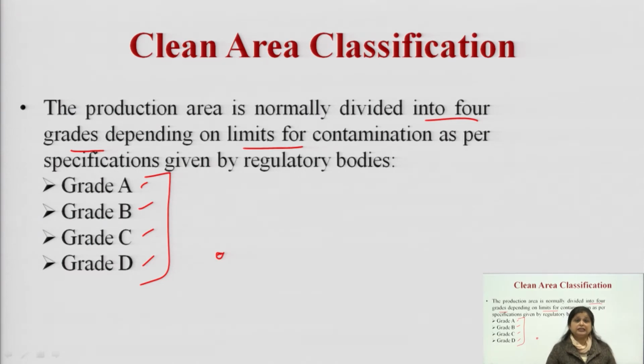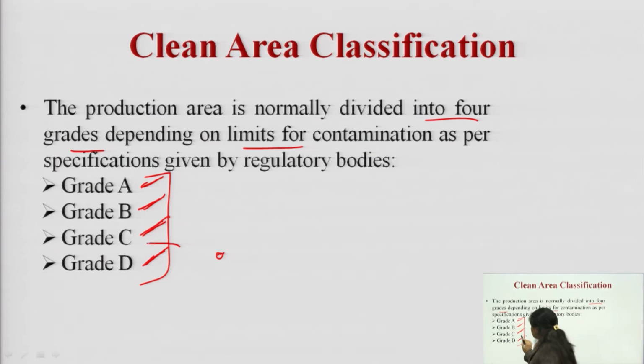Grade B is also called gray; we can use the word white area for grade A. This is the aseptic area, this is the white area, this is the gray area, this is the black area. Means aseptic is white, then gray and black.